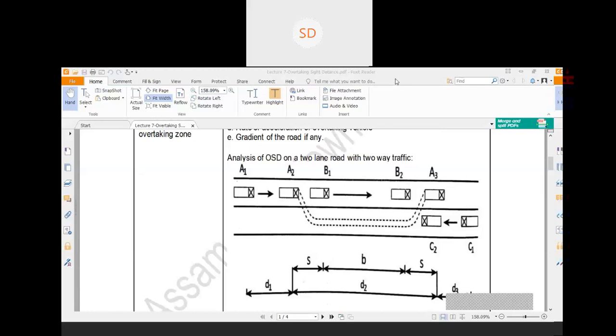And let me know whether it is clear or not. Yes, 0.7 and 6 would be constants.